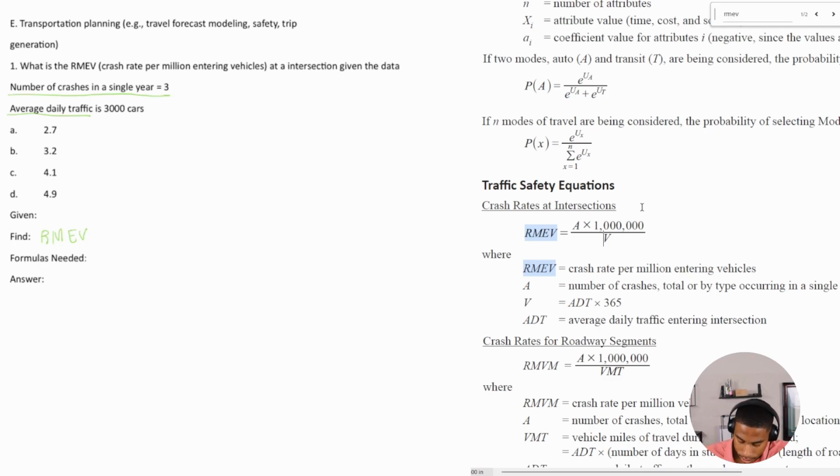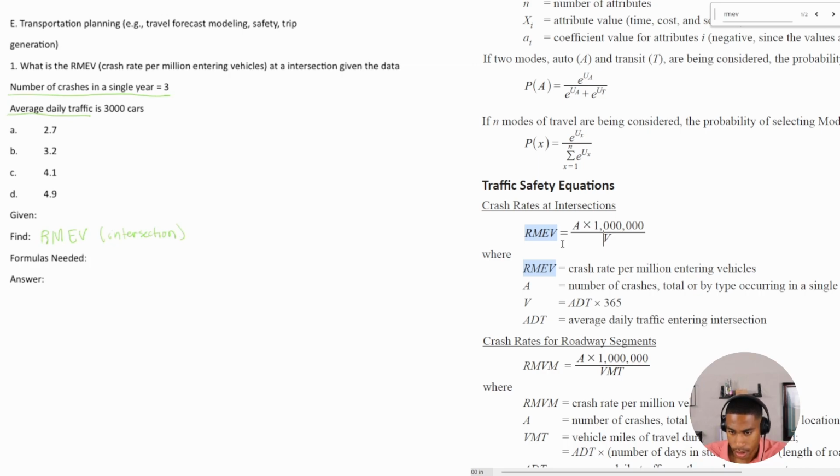It's at an intersection. I think that's important to note, because they give us a crash rate at intersections, and they give us crash rates for roadway segments. So this is at an intersection.